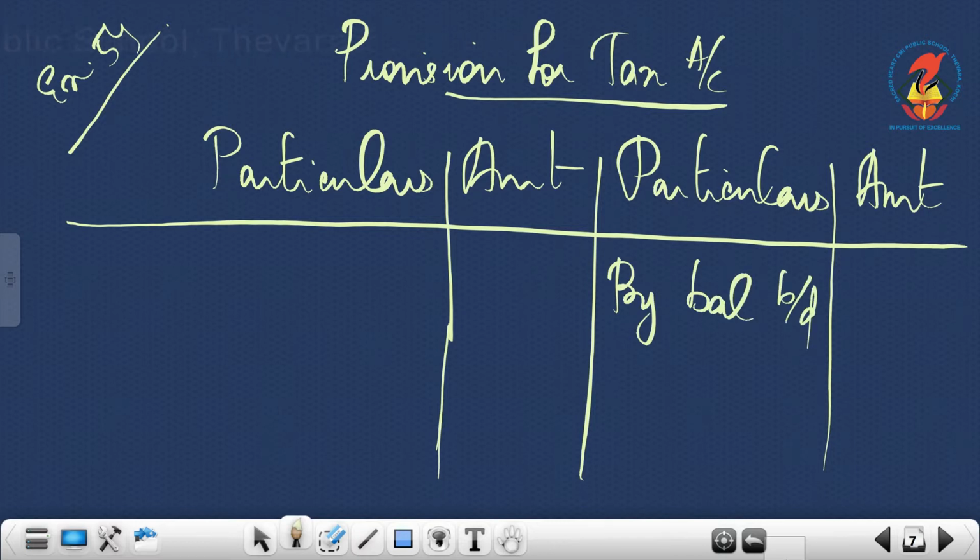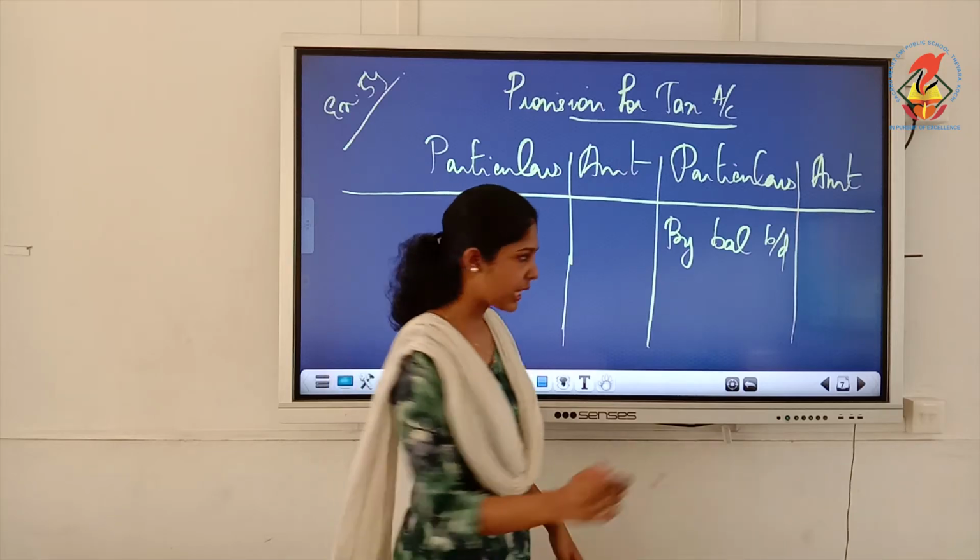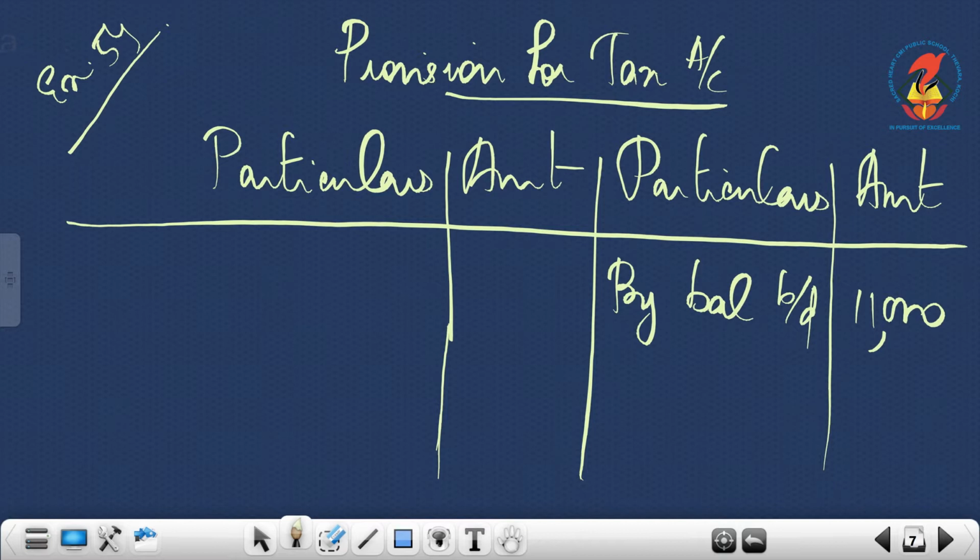Opening balance means 2013 you have to take, that is 11,000. Immediately after that you must write the closing balance to balance carry down. The closing figure is 18,000.